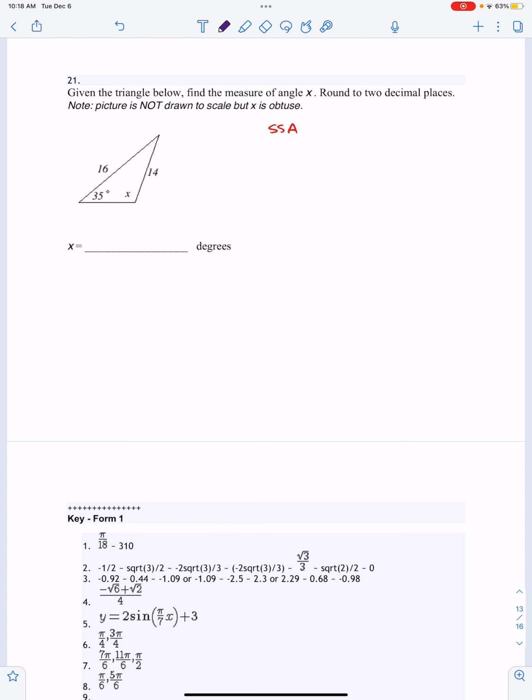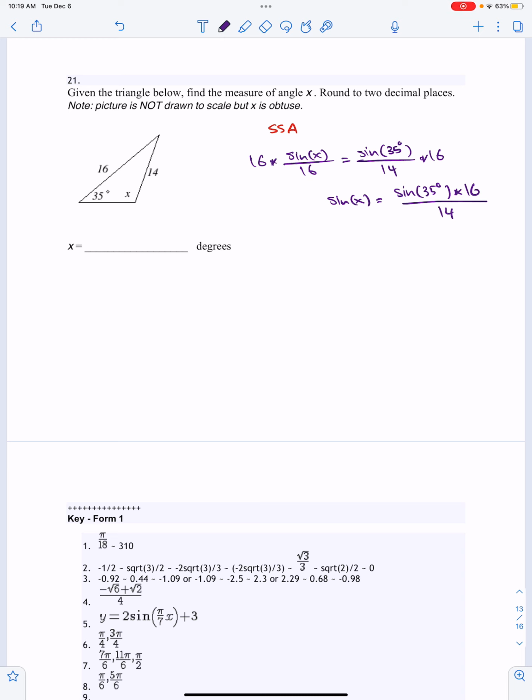So sine x over 16 is equal to sine 35 over 14. I need to compute sine x, so I'm going to multiply both sides by 16. So sine x is equal to sine 35 degrees times 16 divided by 14. Don't forget to switch to degree mode.